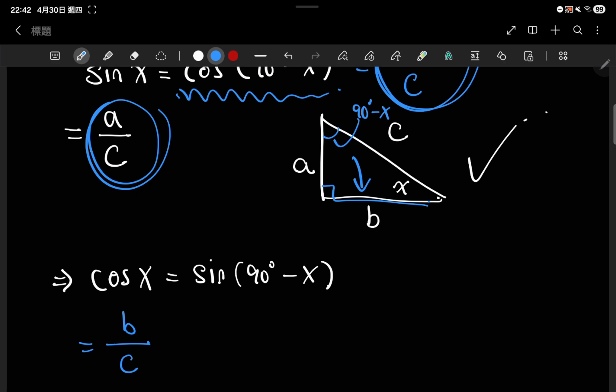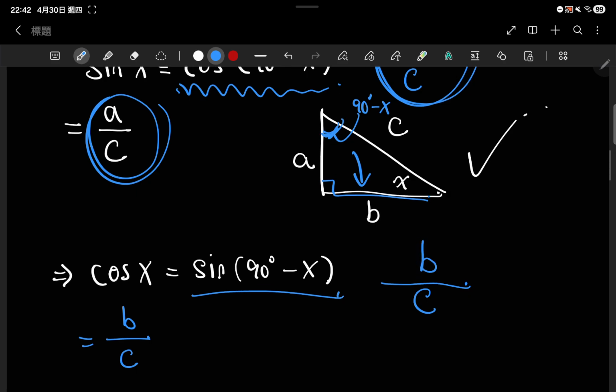How about sine of 90 degree minus x? Sine is the opposite side over the hypotenuse, the longest side. So c is still the same c, and the opposite side of 90 degree minus x is b. Wow, same thing. So we prove it.